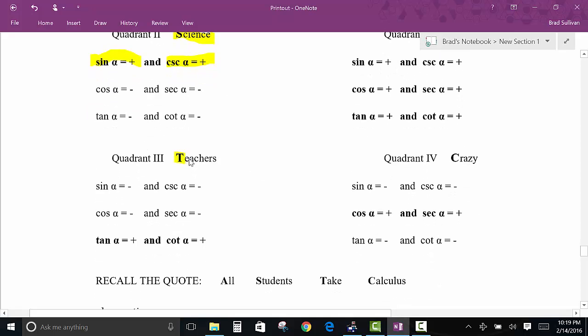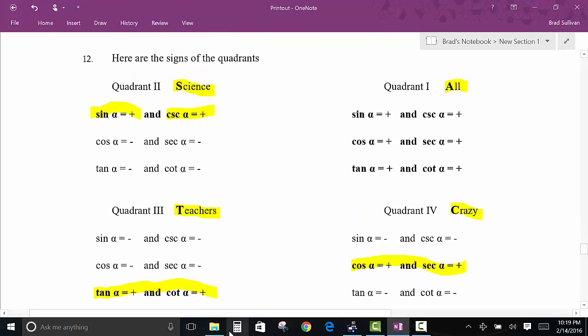In quadrant 3, the T stands for teachers, so it's the tangent and cotangent that are positive, everything else is negative. And then the C stands for cosine, so it goes like that. This is a statement I've seen before: all science teachers crazy. Please don't tell your science teachers I'm teaching you this, though, because they'll get mad at me.